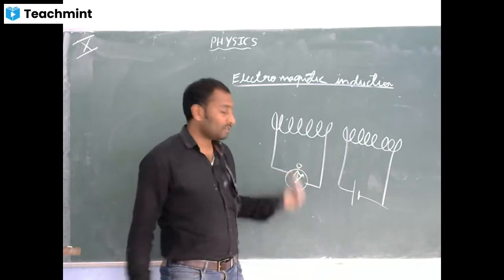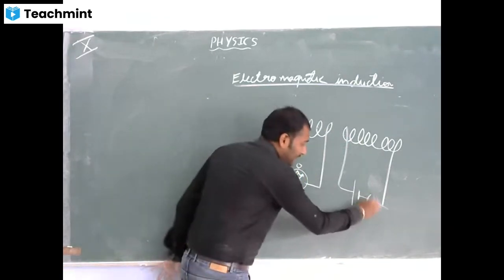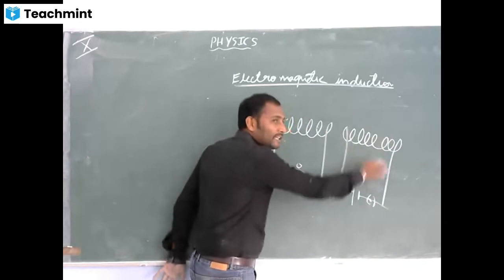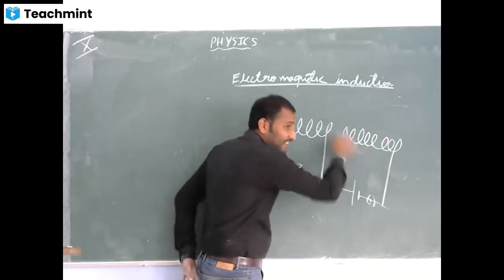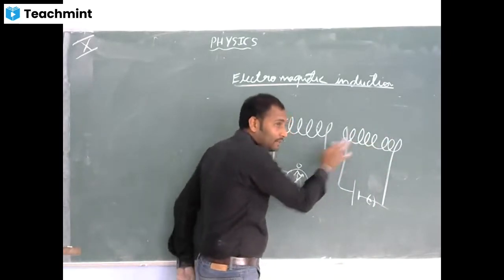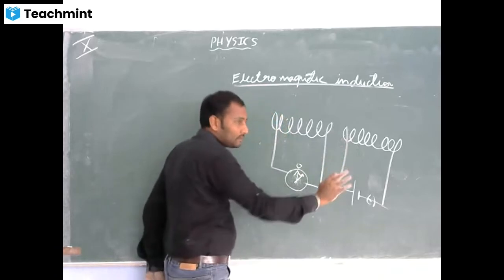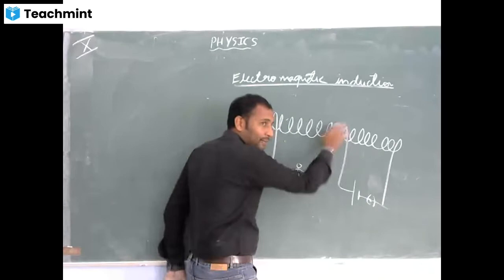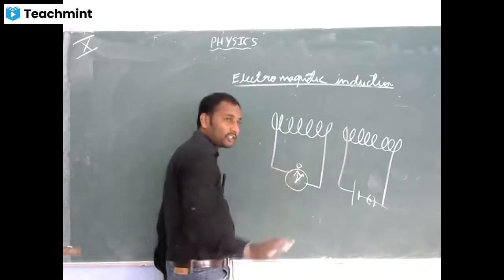Same thing will happen. I will take a plug key. When I insert the plug key, magnetic field lines will start forming here. I will not move the coil or anything. Once the magnetic field lines start forming, the galvanometer will show deflection.